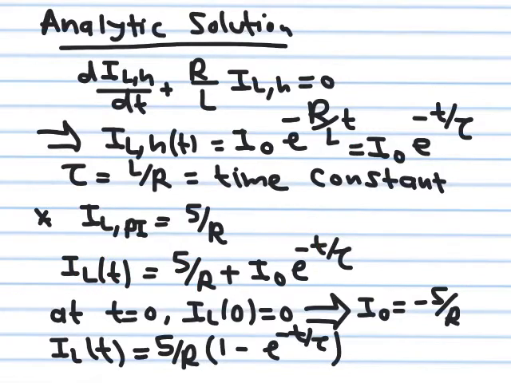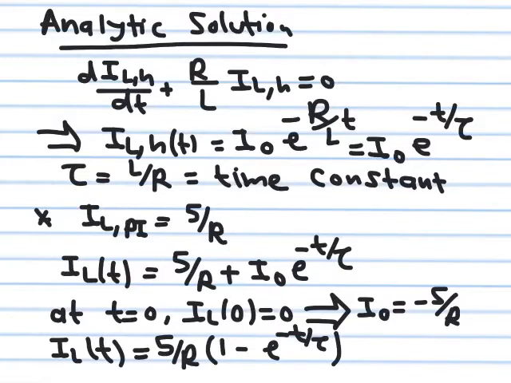Put t equal to 0, you get 0 equal to 5 over R plus I naught, or I naught is equal to minus 5 over R. So this is the expression of the inductor current as a function of time. For the charging case, it's 5 over R, 1 minus e to the minus t over tau. So at time t equal to 0, this exponential term will give you 1. 1 minus 1 will give you 0. So indeed, we start with 0.